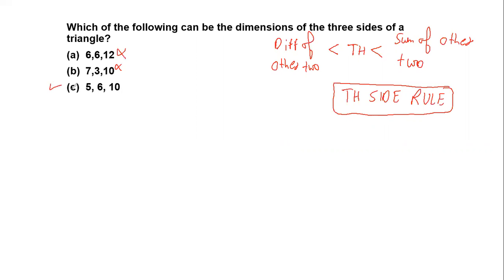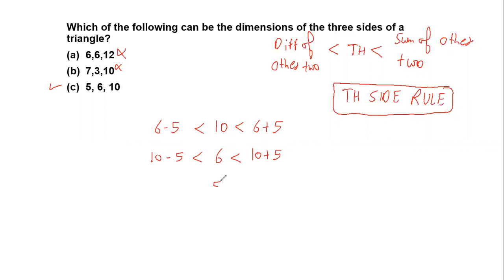But if you look at option C, every side follows the third side rule. If I take 10, 10 is always less than 6 plus 5, and it's always more than 6 minus 5. So less than the sum of the other two sides, greater than the difference of the other two sides. If I take 6, 6 is always less than 10 plus 5, and always more than 10 minus 5.